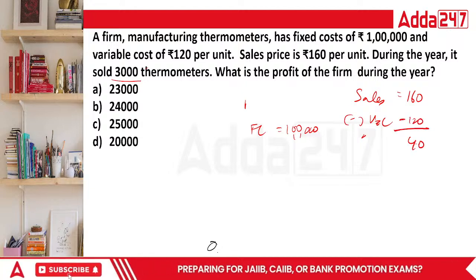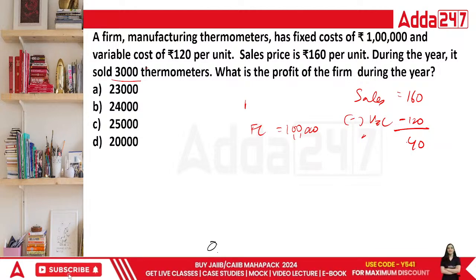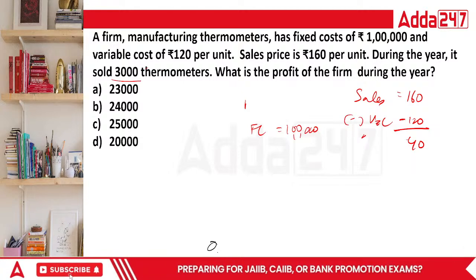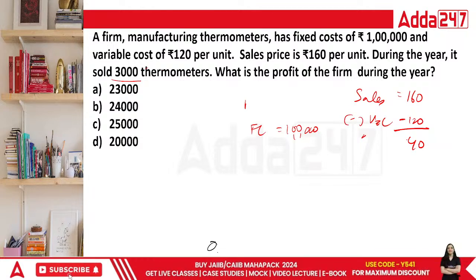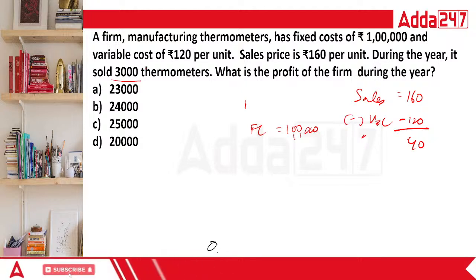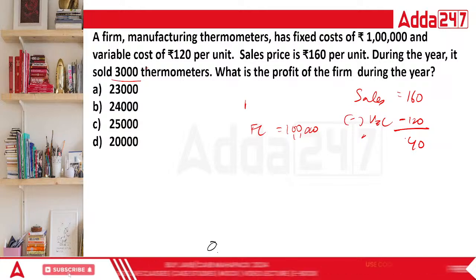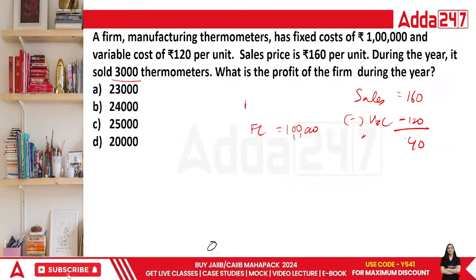We're left with 40 rupees right now. Everybody, in this case, first of all, sales minus variable cost and then minus the fixed cost.